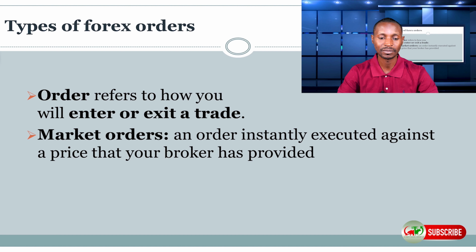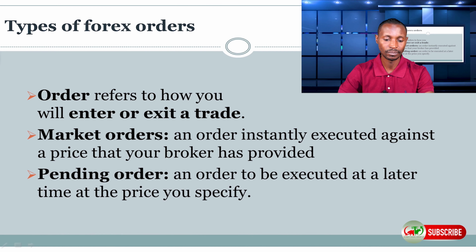I hope you remember we spoke about the ask and bid price, which are the prices the brokers quote for traders, and they refer to the price at which you can buy or sell the base currency. So a market order is an order executed instantly at the price offered by the Forex broker. We'll see that later when we go to the trading platform.